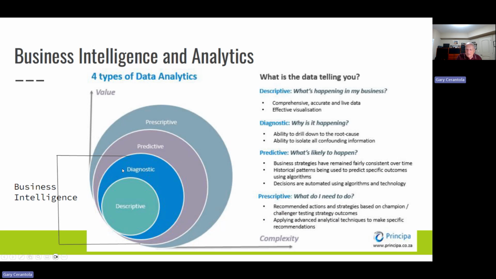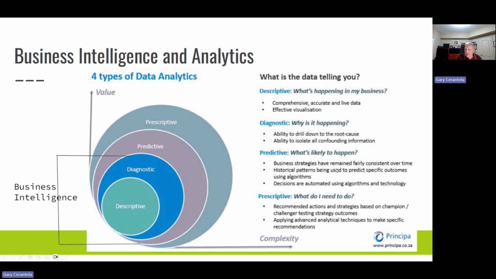How can we find out what the root causes of problems are, or isolate the key themes, the key pieces. And then the next level is, and here's where AI starts to get into the picture in a big way, to be able to say, okay, well, based on these diagnostics, here's what we think could happen.